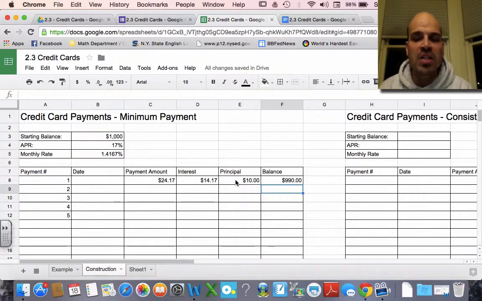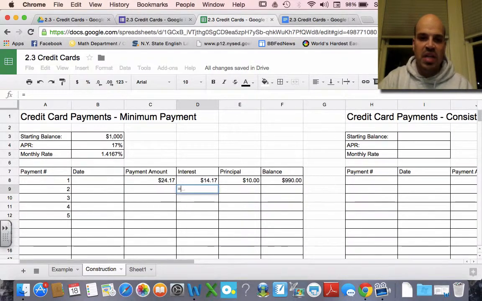Now I almost want us to think of this as a brand new loan, and my brand new loan has a balance of $990 instead of $1,000. So now I'm not going to be paying interest off $1,000, I'm going to be paying interest off $990. When I go to my interest column, I'll do the interest first, then the payment amount.